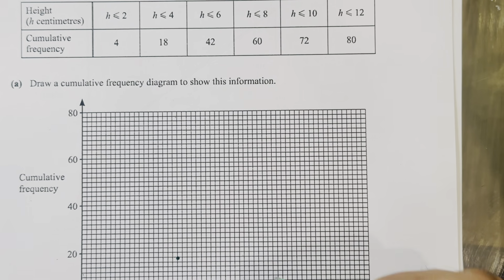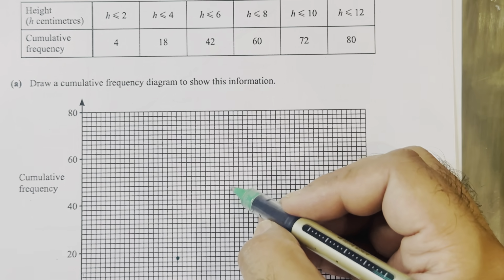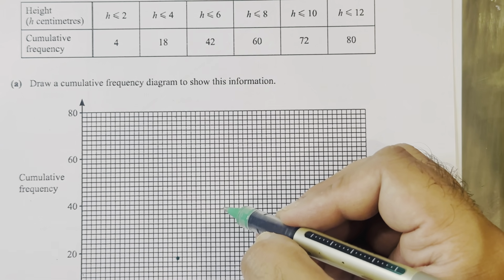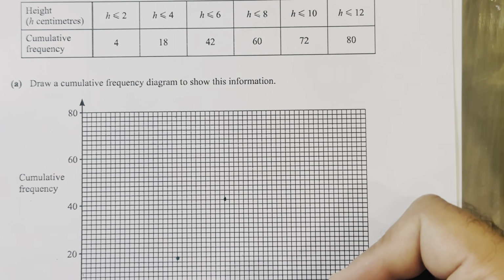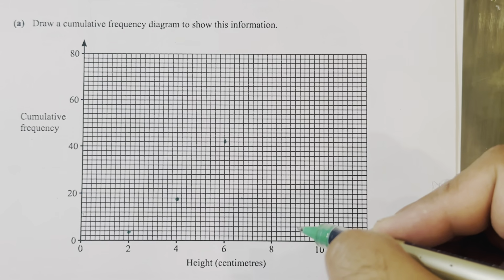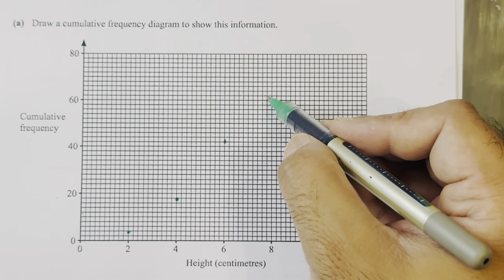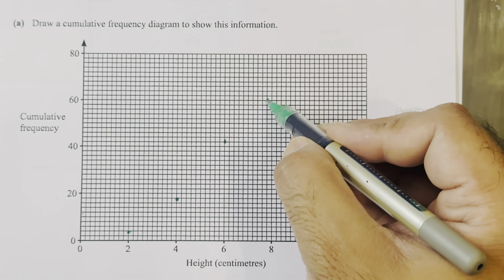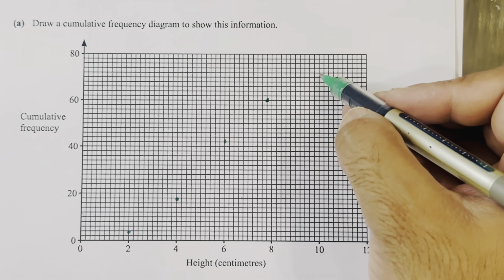Over here. When the value is 6, the answer is 42. When the value is 8, the answer is 60. When the value is 10, the answer is 72.